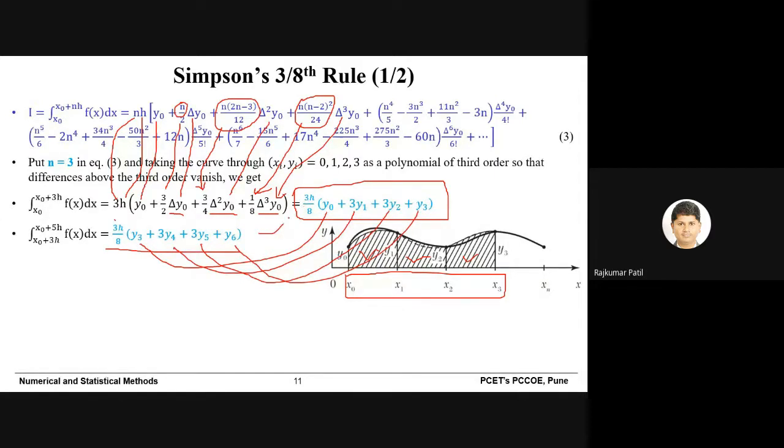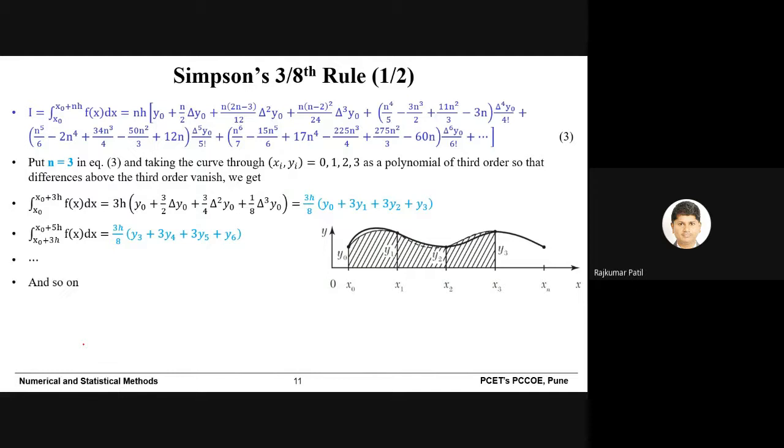So these two areas are a bit analogical. Here y0, y1, y2 and y3 are there, and in next part it will be y3, 3y4 plus 3y5 and y6 will be there. And what you need to do, you need to repeat this process for all remaining sub areas or sub intervals, I would say.